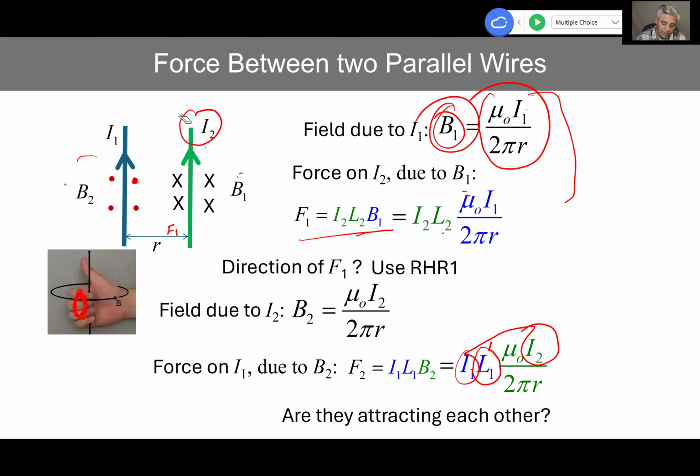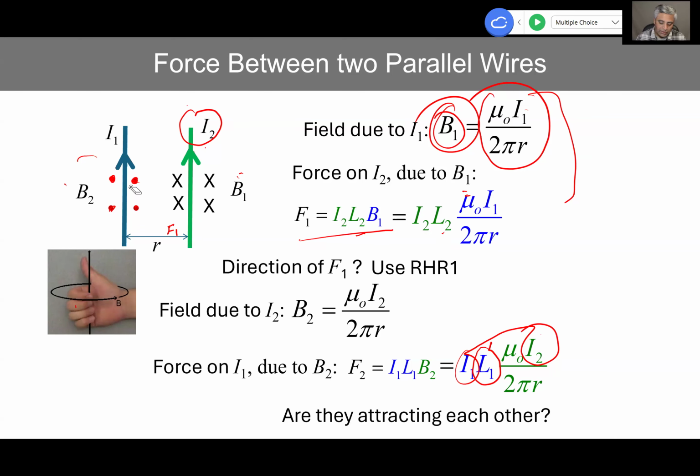The direction of that field, using the right-hand rule, is that these fingers are coming out, pointing up. So the current I1 is sitting in this field B2, which is coming out of the screen or the paper.